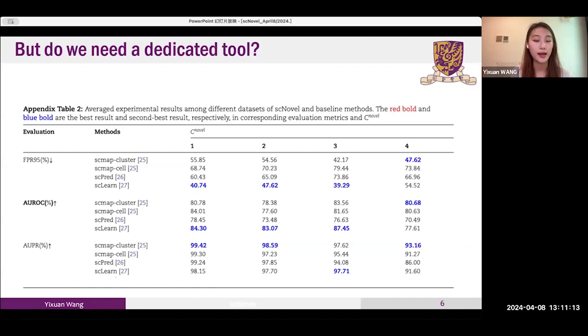FPR95 can be represented as the probability that a negative sample is misclassified as positive when the true positive rate is as high as 95%.